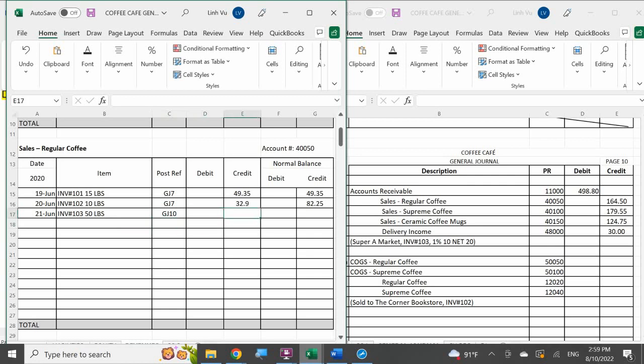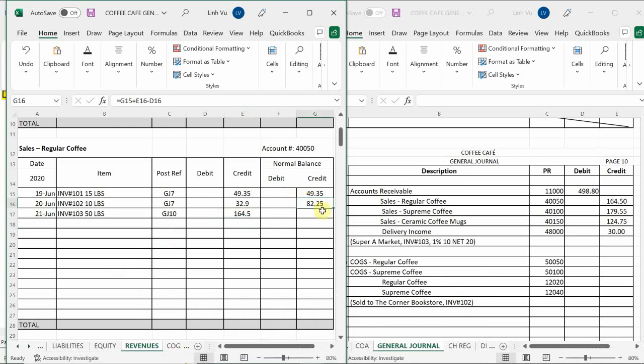And then it's 164.50, and my total is 246.75. Good.